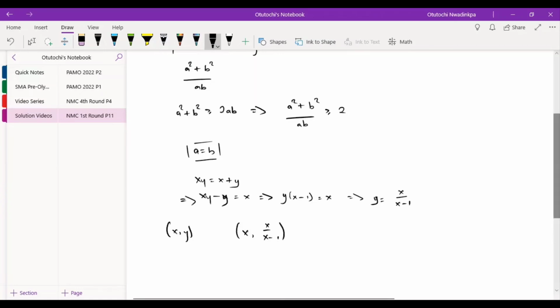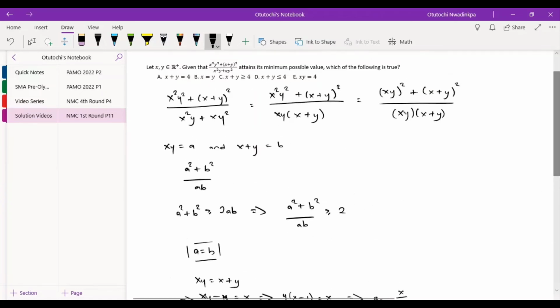But what I actually asked to show is which one of these is true: x plus y is equal to 4, x is equal to y, x plus y is greater than or equal to 4, x plus y is less than or equal to 4, or xy is equal to 4. So all we need to do is test, for x and x over x minus 1, which of these options is going to be true.